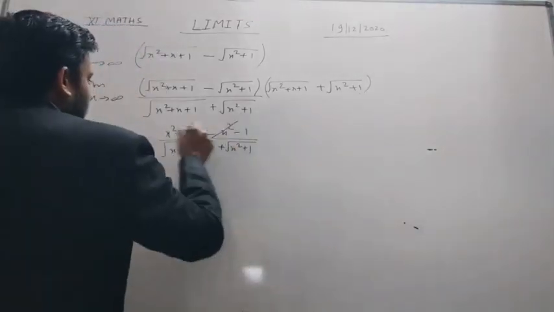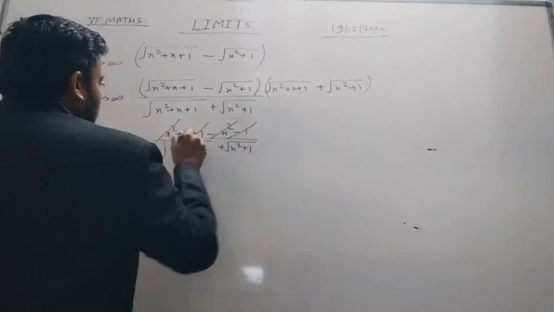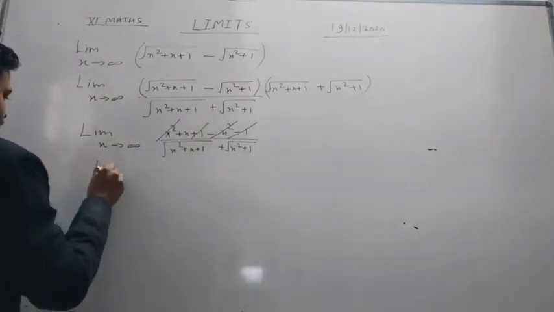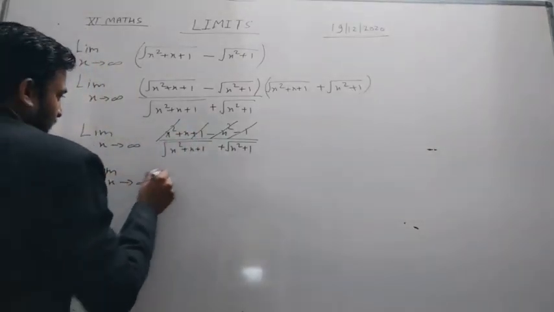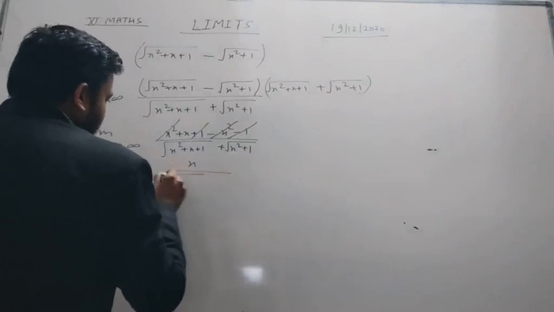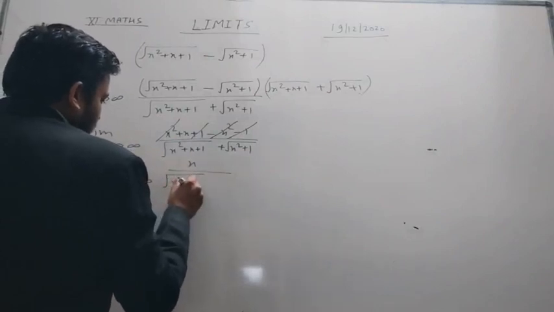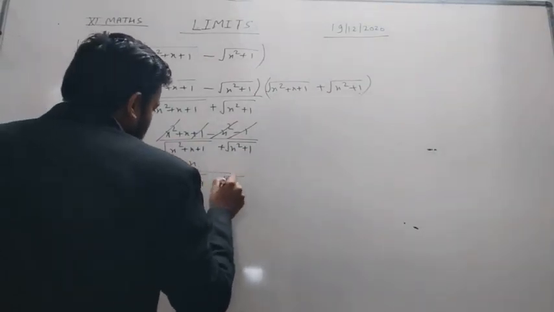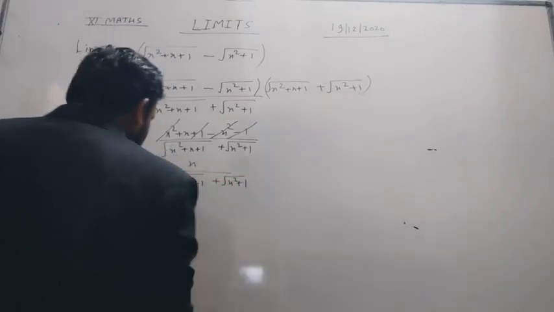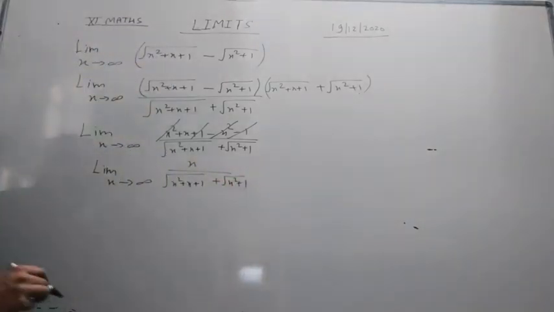Now after cancellation we see that our limit x tends to infinity, x by under root x square plus x plus 1 plus under root x square plus 1. Okay, students. Now we take common from the denominator. x is common.